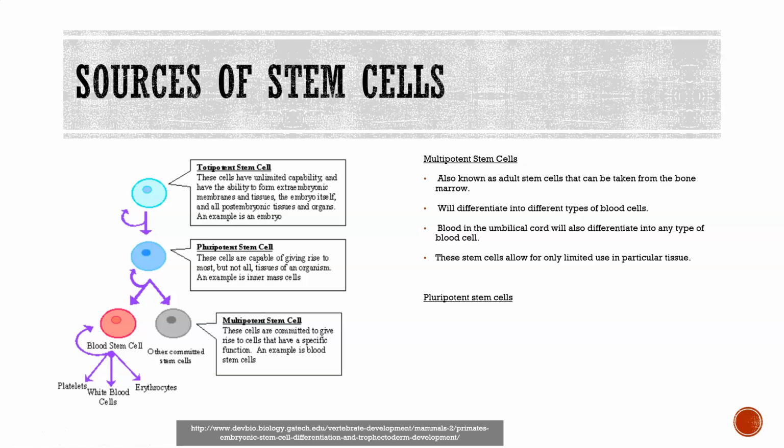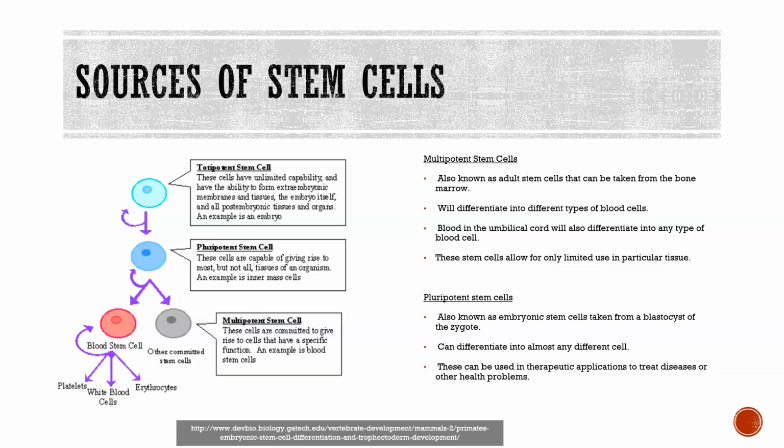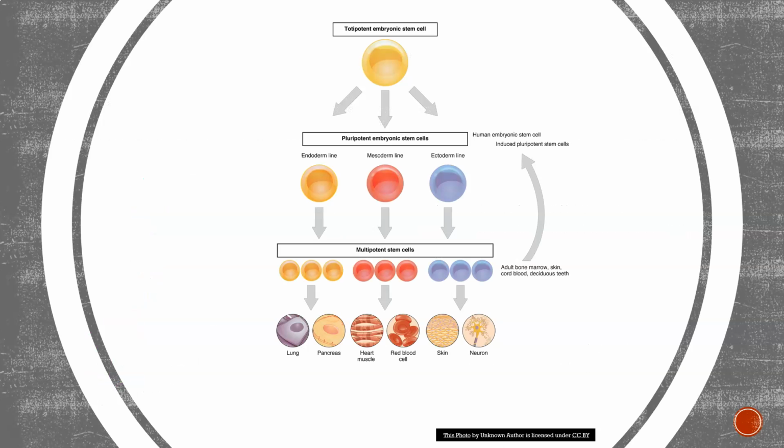Then we have our pluripotent stem cells. Now these are also known as the embryonic stem cells, and they're taken from a blastocyst or zygote. Okay, so they are taken from the young developing embryo. They can be differentiated into almost any different cell type, and they can be used in therapeutic applications to treat disease or other health problems.